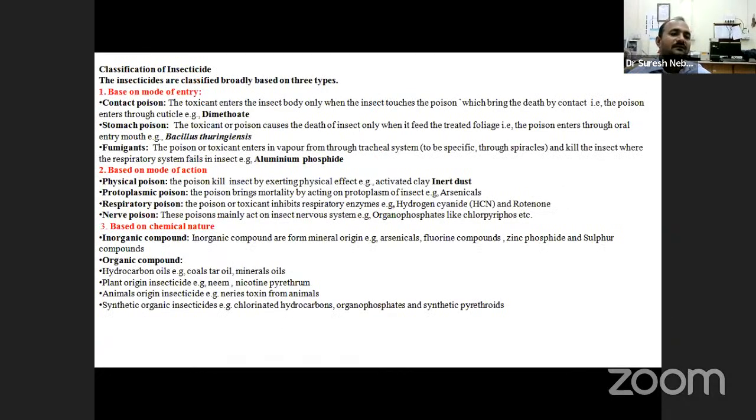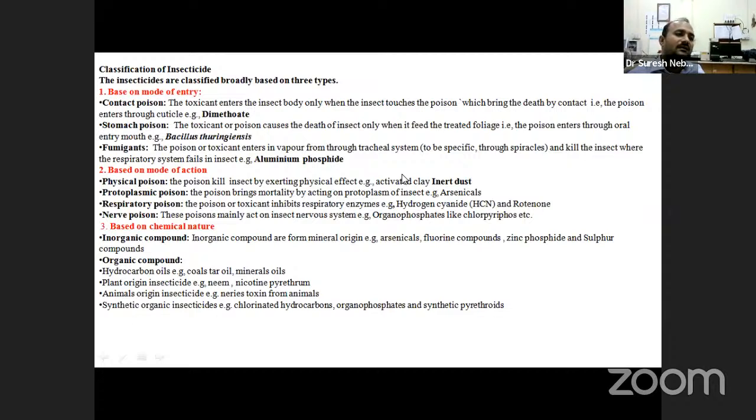So the classification which I was telling about: the conventional classification and the modern classification given by IRAC. In conventional classification, we classify them based on mode of entry, whether they are entering through contact, stomach or fumigant, and based on mode of action and chemical nature.